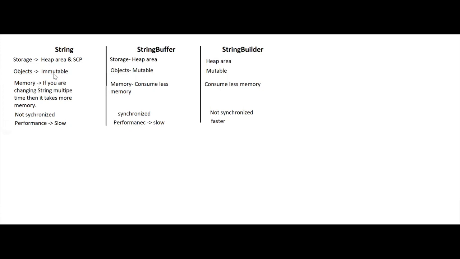So that's why we are saying it is immutable. Objects are immutable under the String class, but in StringBuffer objects are mutable, and same for StringBuilder. Mutable means you can modify the string directly, in both StringBuffer and StringBuilder, right?